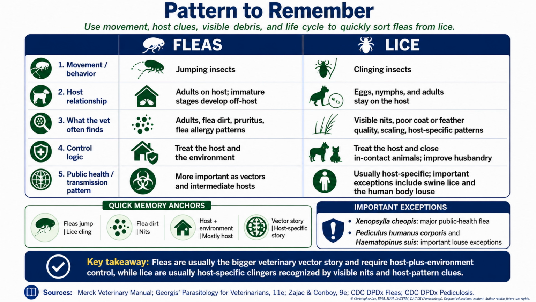Exceptions matter. Xenopsylla cheopis is an important public health flea. Pediculus humanus corporis is the major human body louse vector. Haematopinus suis is an important veterinary louse exception in pigs. If you remember nothing else, remember the clinical sorting system: movement, host, visible debris, feeding style, and life cycle. That is how fleas and lice become manageable instead of just a drawer full of itchy Latin.